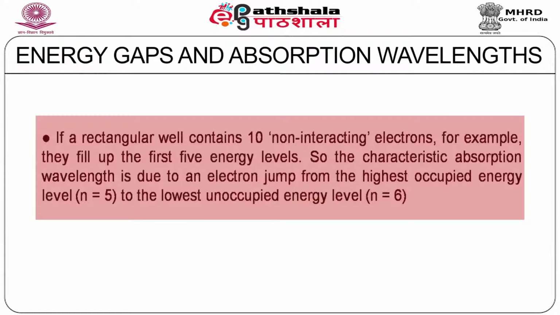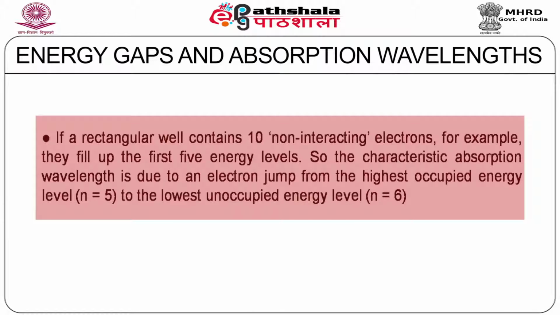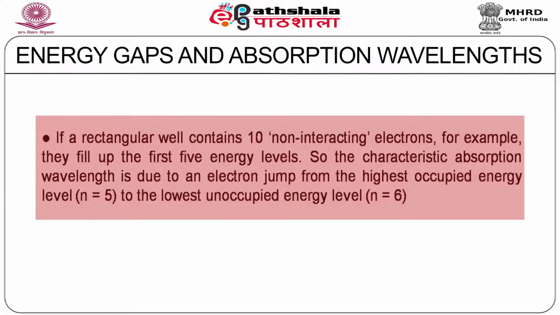The next point is that if a rectangular well like this contains 10 non-interacting electrons, I am particularly saying non-interacting electrons because when you put more than one electron, they will repel each other, and that will disturb the energy levels. So I'm assuming that the electrons are non-interacting.